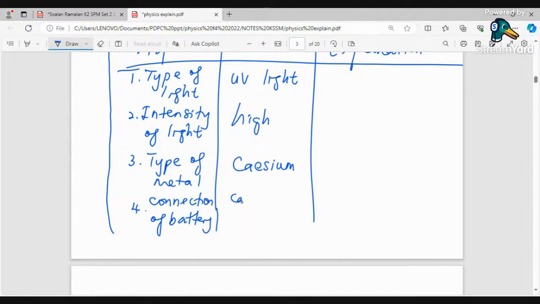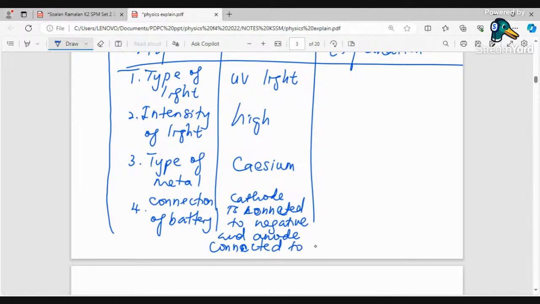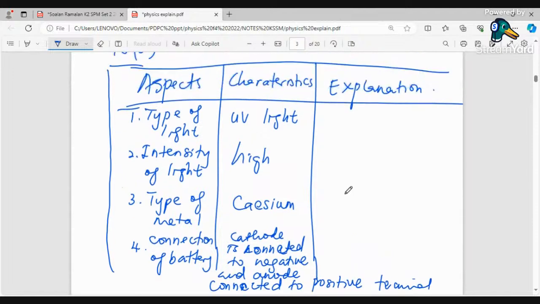Okay, cathode is connected to negative terminal, and anode connected to positive terminal. Okay. Okay, nampak tak cara? Okay, nampak sini. Kalau you dah tulis ni pun dapat 4 markah kat sini.